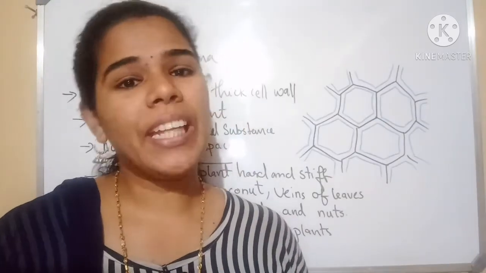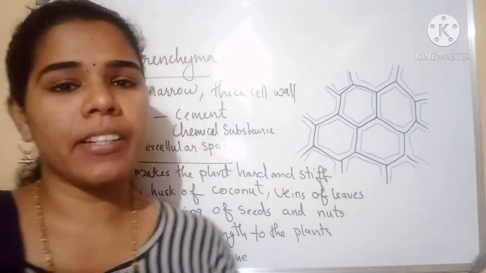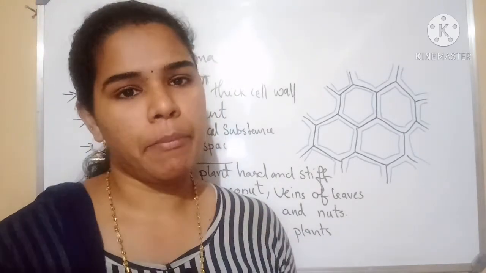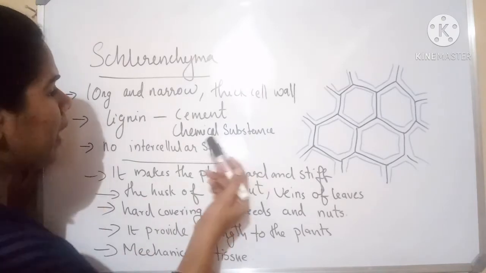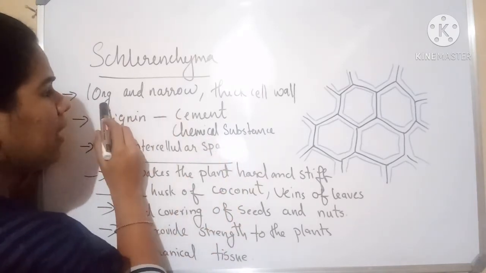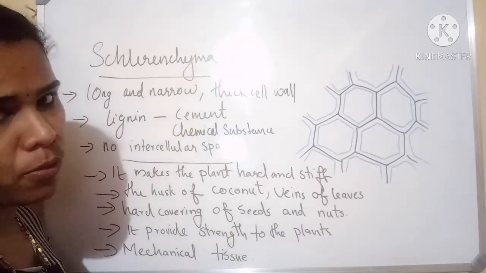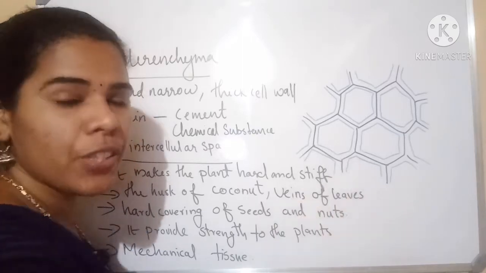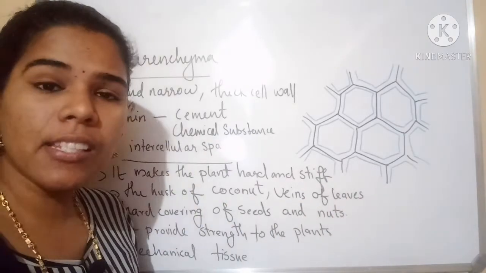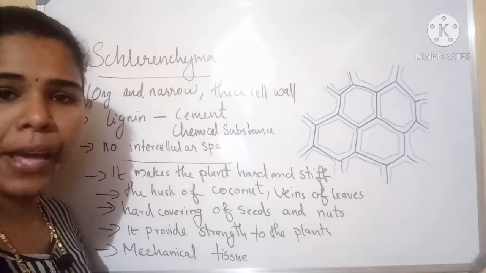Next we learn about the last simple permanent tissue, sclerenchyma. Sclerenchymatous tissues are very long and narrow tissues. This is the cross section. When we take a longitudinal section, they are very long and narrow cells.